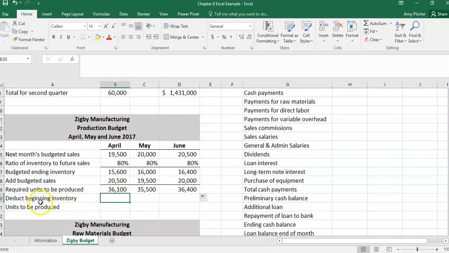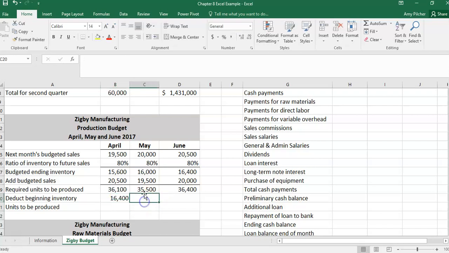Then we are going to deduct the beginning inventory. So remember that our information said on March 31st, we have 16,400 units in ending finished goods. That means our April 1st inventory is 16,400 units.